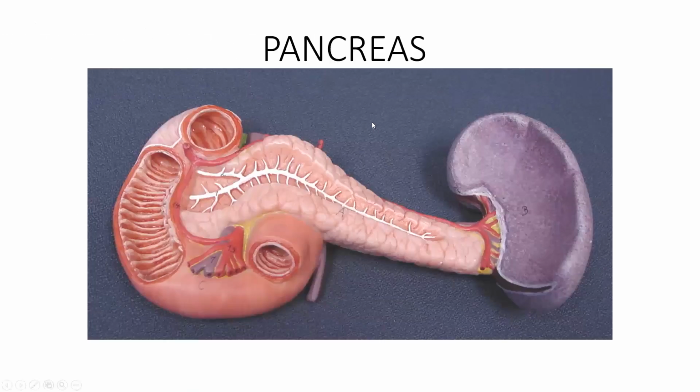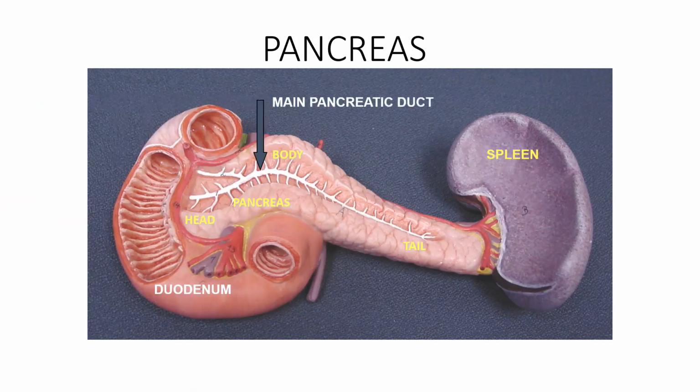And again, there's the spleen just for reference. There's the pancreas, the duodenum, the tail of the pancreas for what it's worth, the body of the pancreas because we couldn't think of another name, and there's the head of the pancreas. There's the main pancreatic duct and the accessory pancreatic duct.